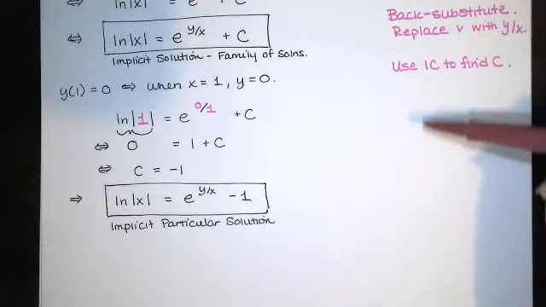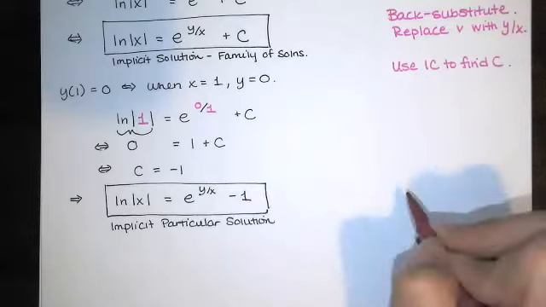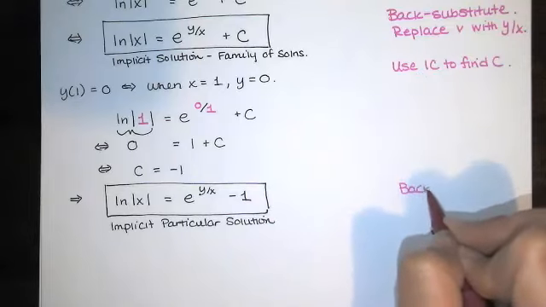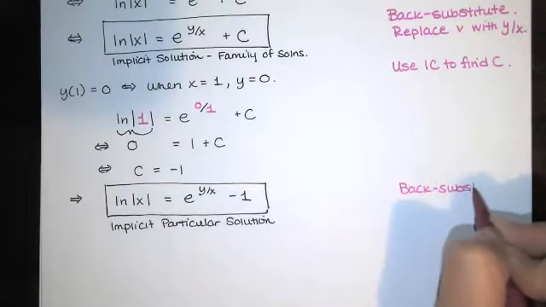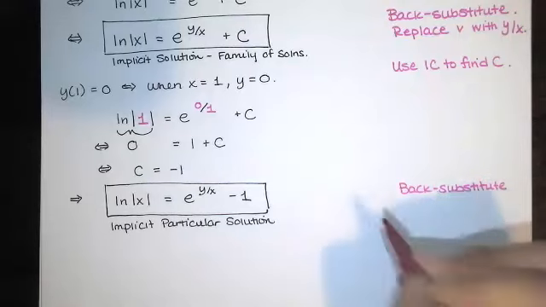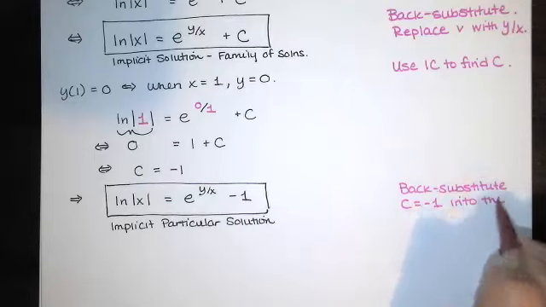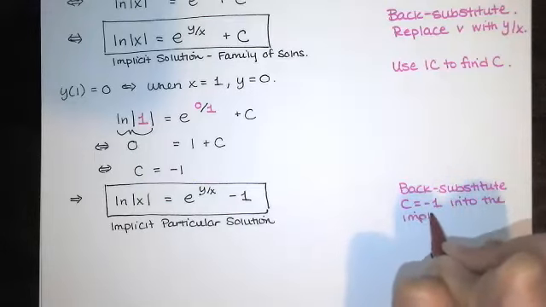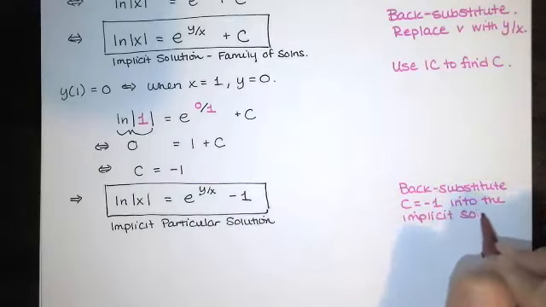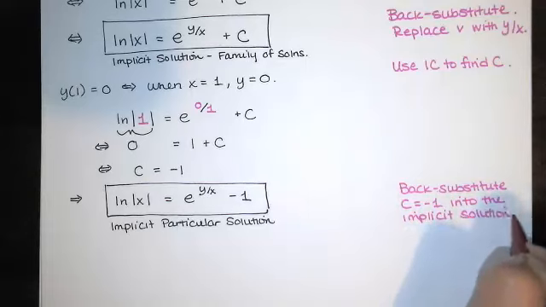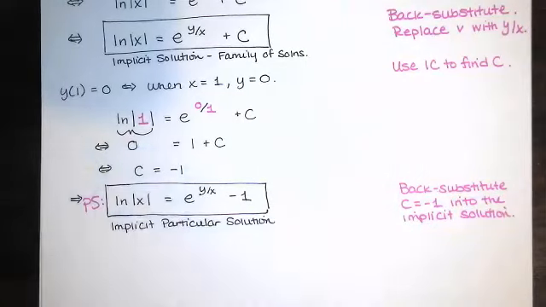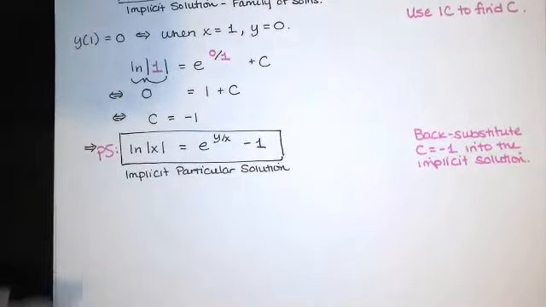So we use the initial condition to find C, and then we back substitute C equals negative 1 into the implicit solution to get a particular implicit solution. I'll call this PS. PS for particular solution.